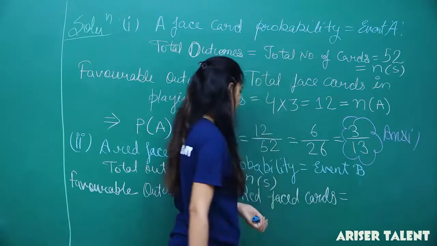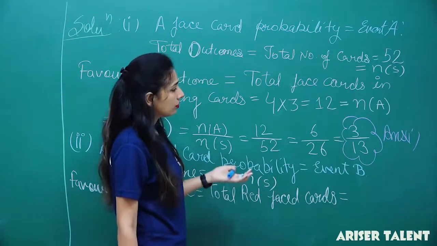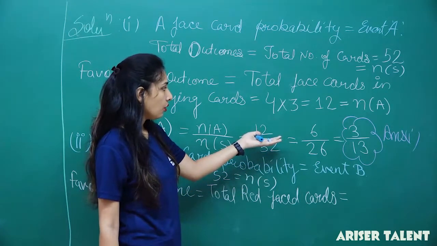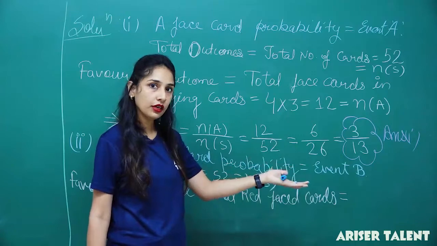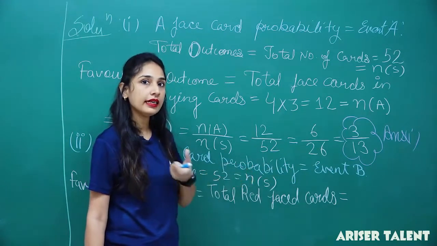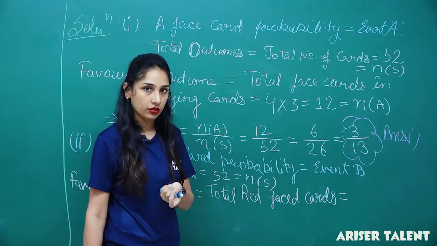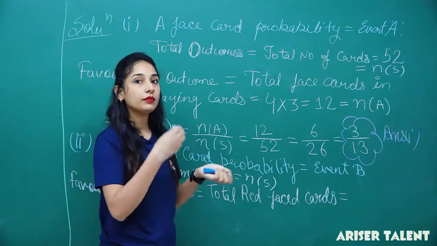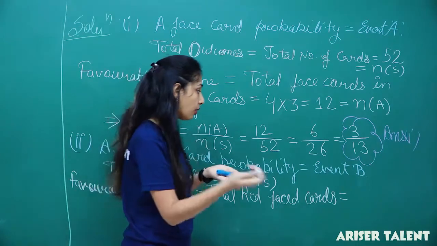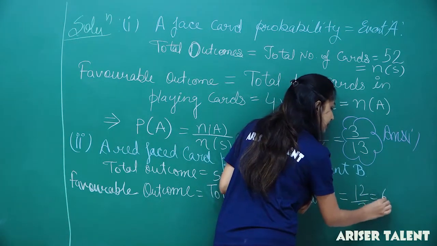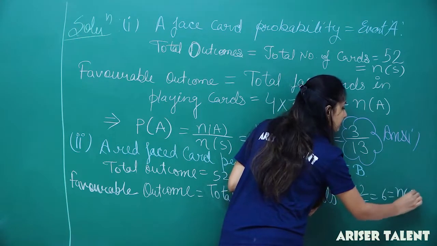Equal to how many? That was 12. So what we have to do, just half the 12, or you can say that we have 2 lots of 3 cards in each lot, or each suit. So that will be simply 12 by 2, and that will be 6, and that is equal to your NB.